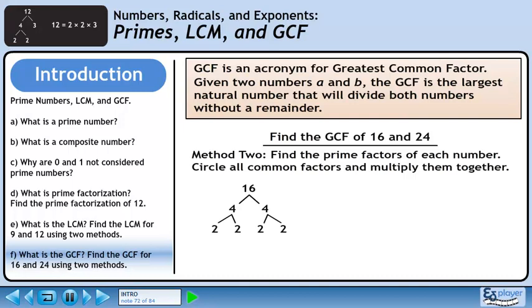Each 4 breaks down to 2 times 2. Now we'll find the prime factors of 24 using a factor tree. Six and 4 are factors of 24. Six breaks down to 3 times 2, and 4 breaks down to 2 times 2.